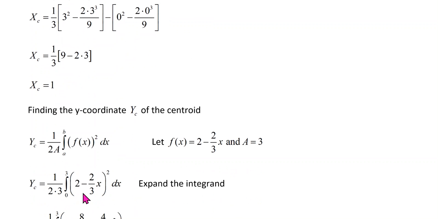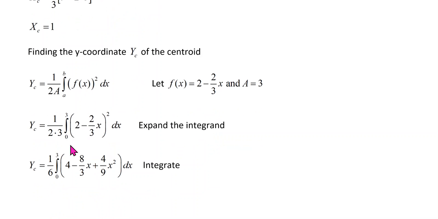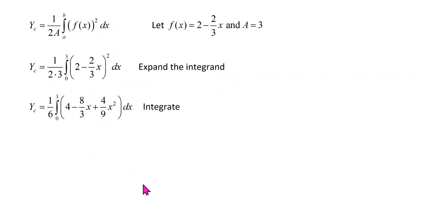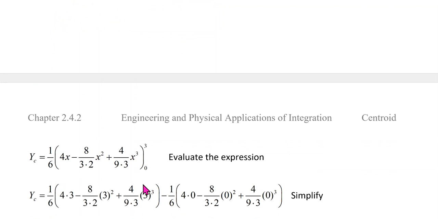And then we go to the y coordinate of the centroid, which the formula is this. We know A is 3, so you get 3 there for A. We know this is the function f of x, which is 2 minus 2/3 x. We're going to square it, because the formula says so. And we know the limits of integration are from 0 to 3. To solve this, we have to expand this term, so we FOIL it out. We get 4 minus 8/3 x plus 4/9 x squared. Then we find the antiderivative of every term.